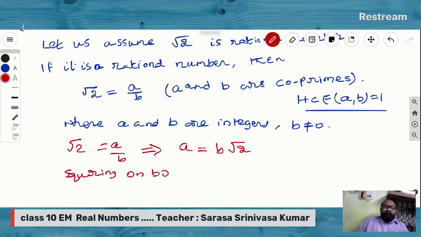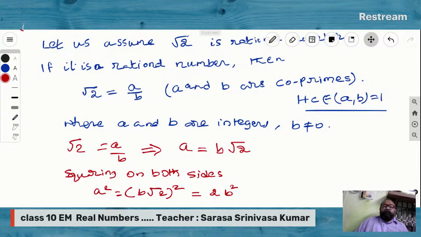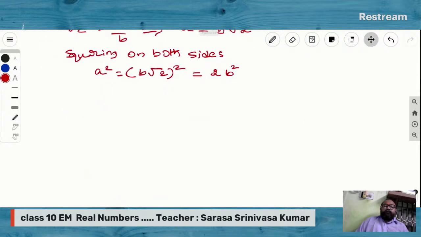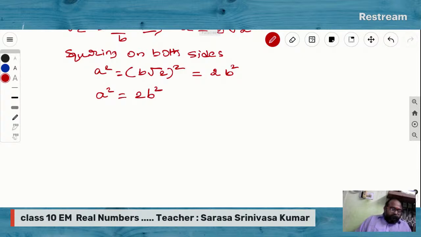Squaring on both sides, A square equal to B square root of 2 whole square, that equals 2B square. So we got A square equal to 2B square.